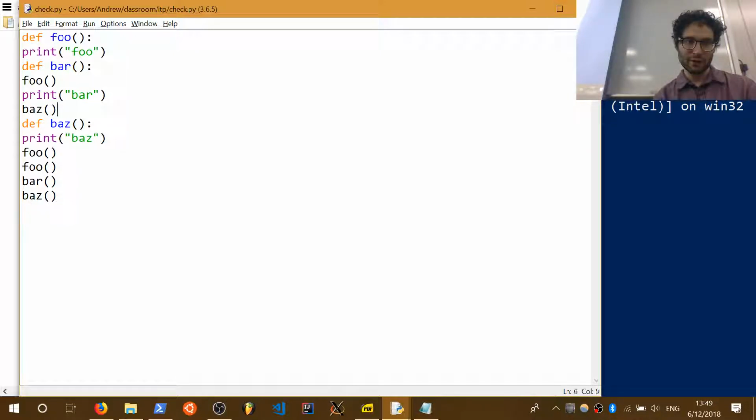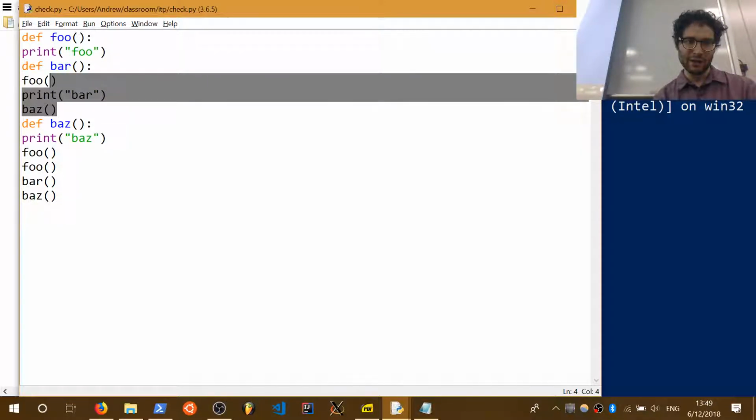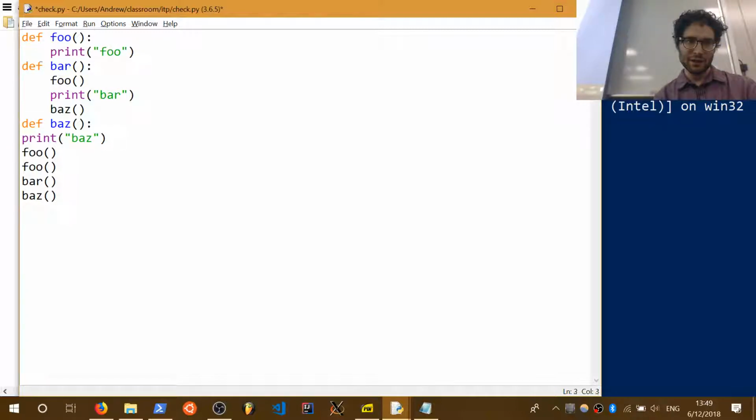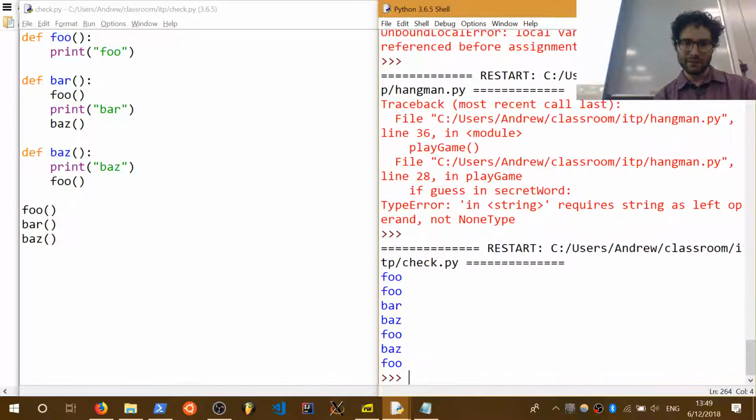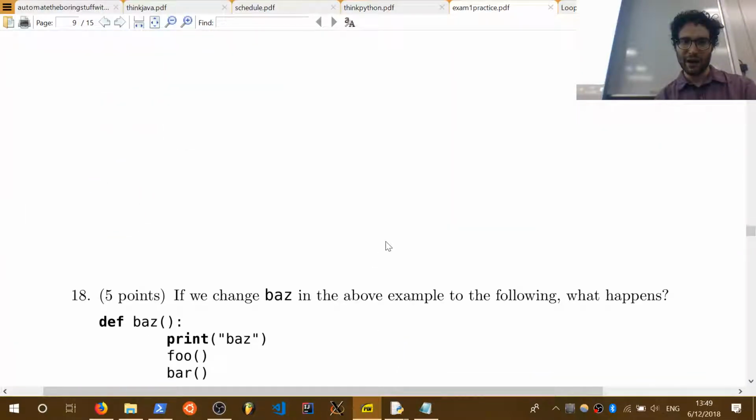Right, so here, let's indent. We've got to indent these things. Indent, indent, indent. So it works. In C it's a problem, but not in Python.